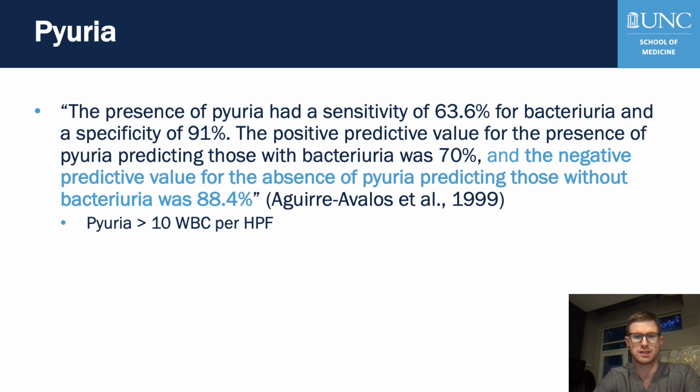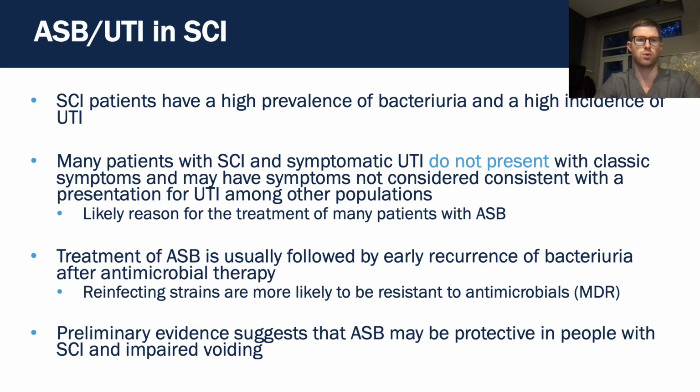And so when we consider asymptomatic bacteria versus urinary tract infections in the spinal cord injury population, we see a high prevalence of bacteria as well as a high incidence of urinary tract infection in patients with spinal cord injury. I think a lot of times due to the neurogenic bladder as well as the introduction of catheters.